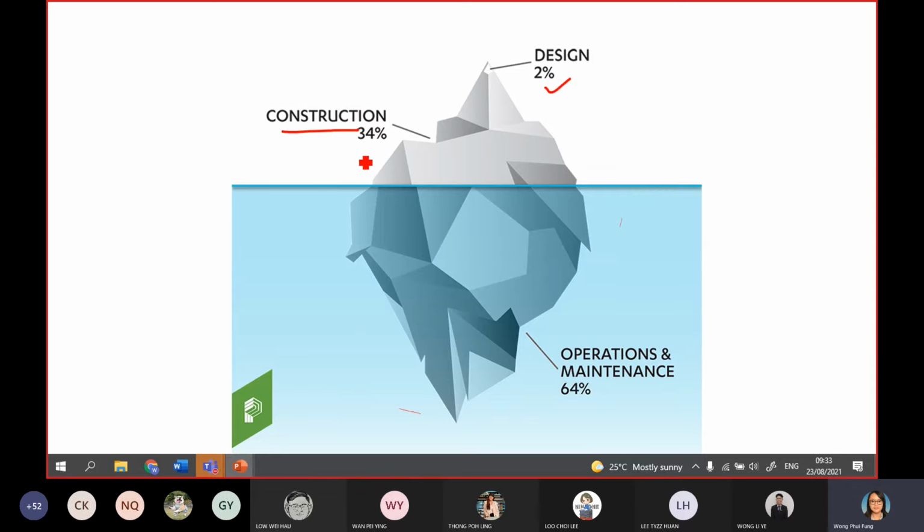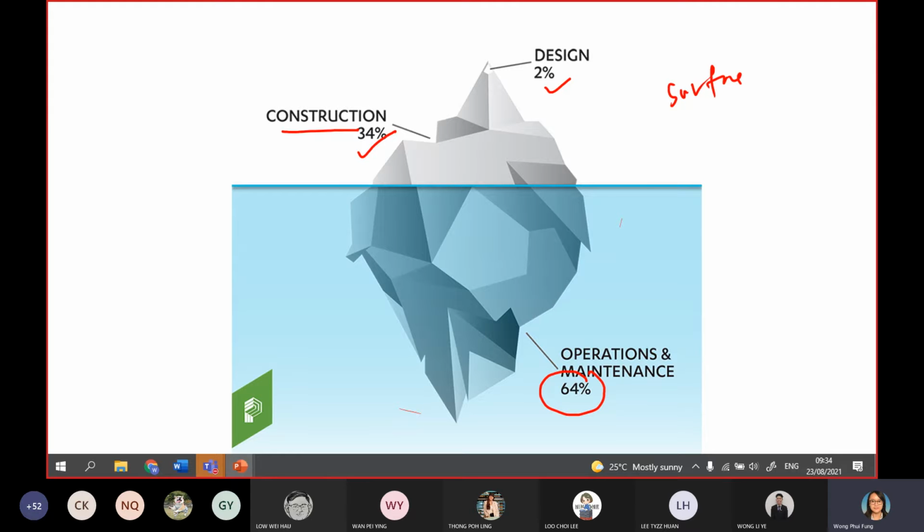Construction cost only cost 34%. But the operation and the maintenance cost actually form larger portion, form higher fraction of the total cost, which is 64%.